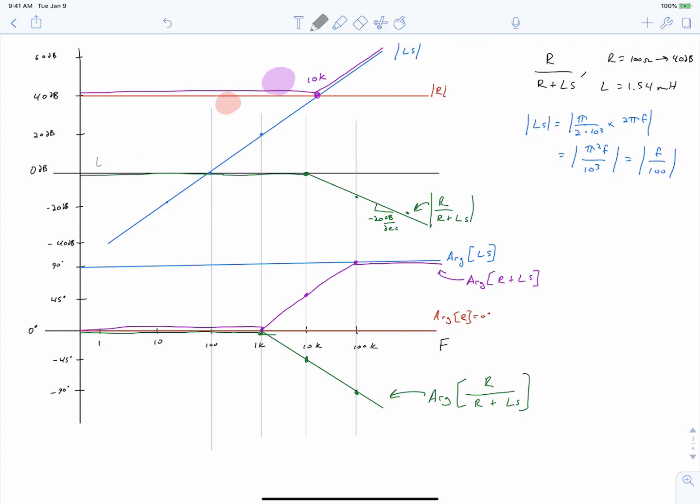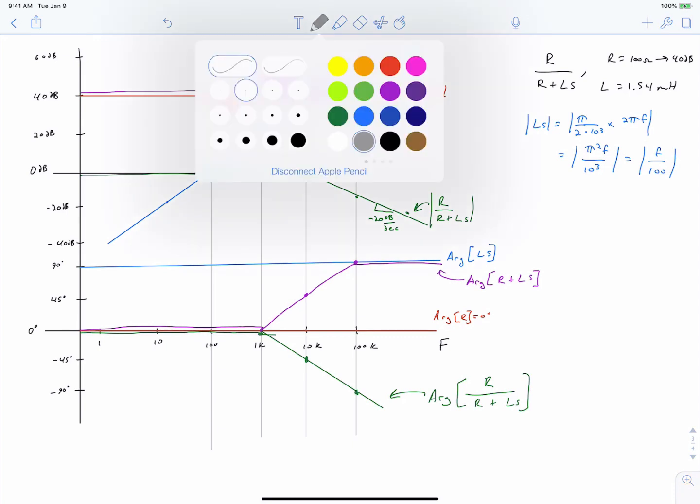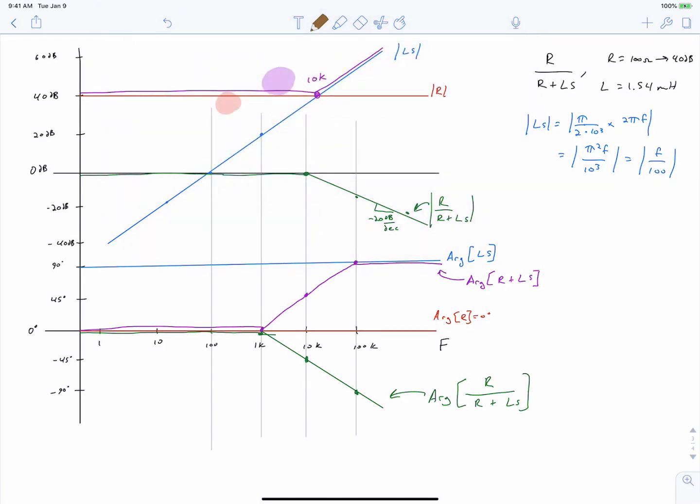And so what we can do to accomplish this is we could imagine that we could have a transfer function that behaves like this for the regulator. Remember that the regulator transfer function is going to be added to the transfer function for the power converter.